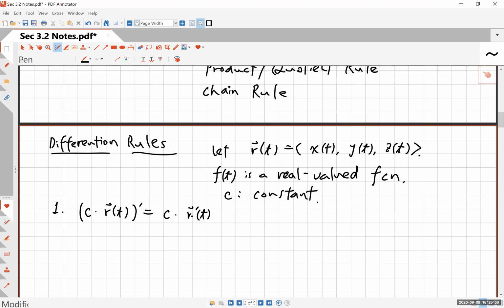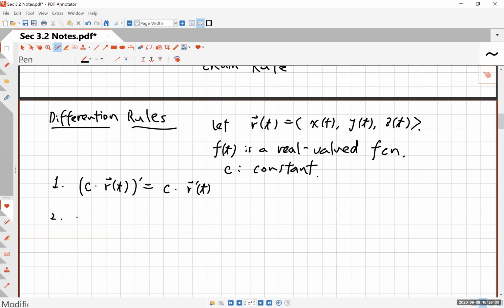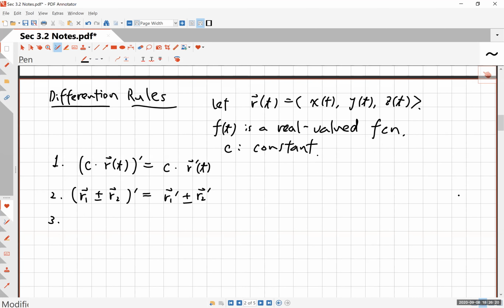So that's something that you sort of assume is true, right? And then what happens if you have the sum or the difference of two differentiable functions? That would be r1 prime plus r2 prime, or minus, depending on what the original sign is. So that's the sum and the difference rules.